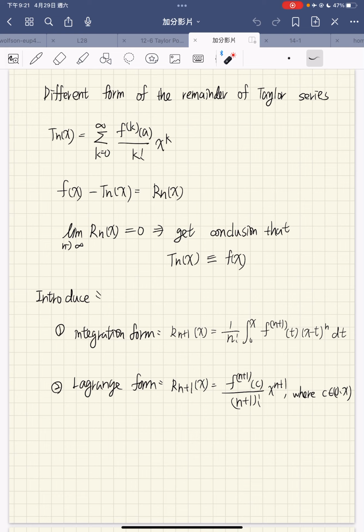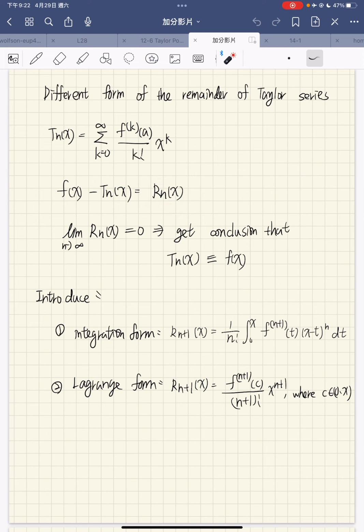Okay, and because the Taylor series is an approximation of a function, we know there must be some difference between the function f of x and the Taylor series. So we can subtract the Taylor series from the function f of x, and we get the difference. We call the difference the remainder of the Taylor series.